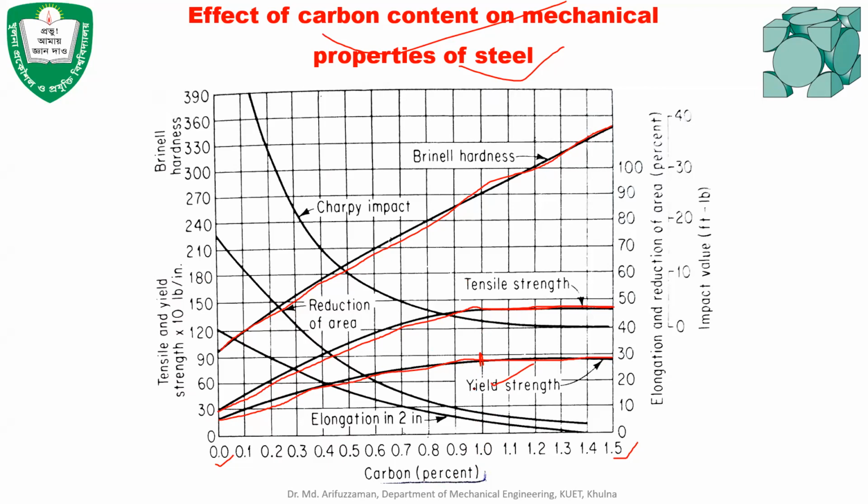The tension properties are also related to the reduction of area and elongation. The elongation decreases. That means as more and more carbon is added to the iron, it becomes brittle. The elongation is very small. The brittle structure does not show much elongation, and the reduction of area is also very small.